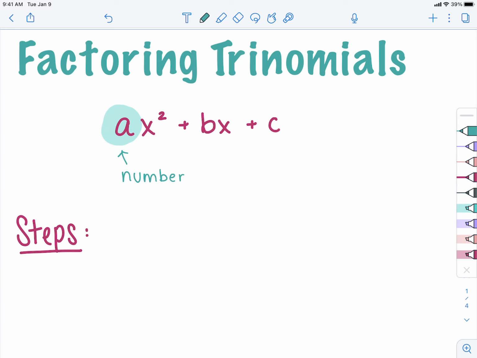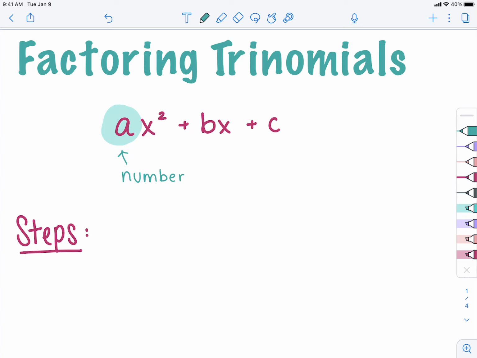So the first thing we're going to have to do, instead of just looking for factors of C that add to B, we're going to have to look for factors of A times C. So the first thing we'll have to do for all these problems is multiply that coefficient and the constant together and then look for factors of that number.